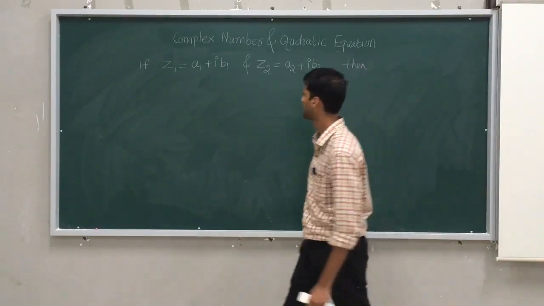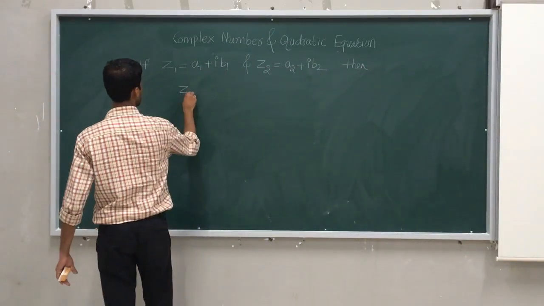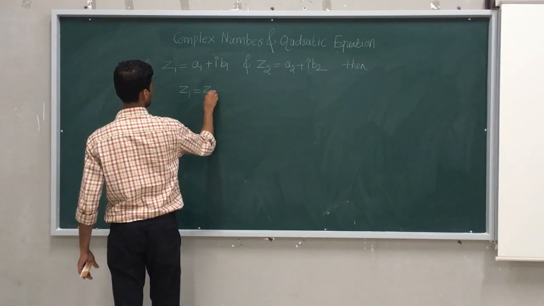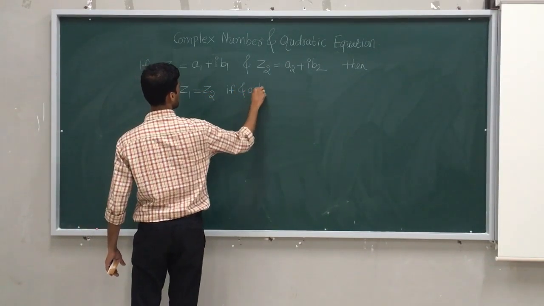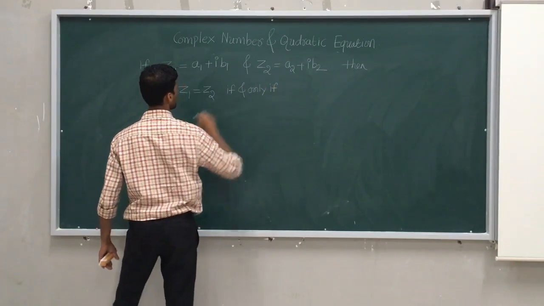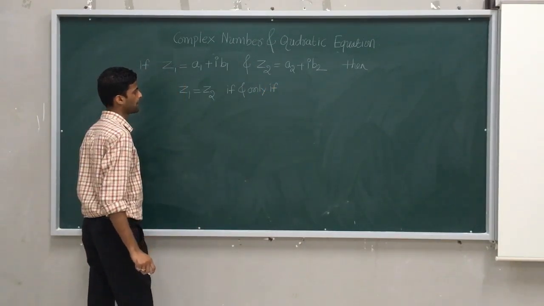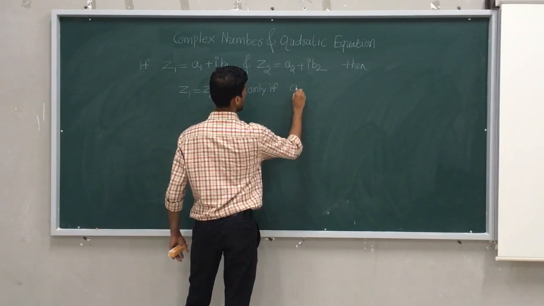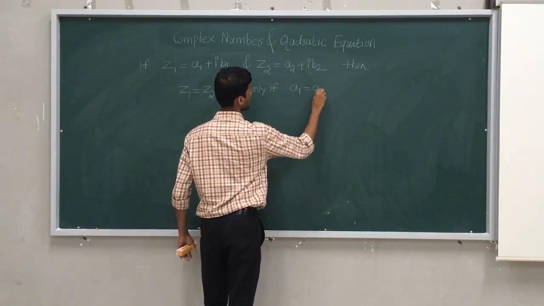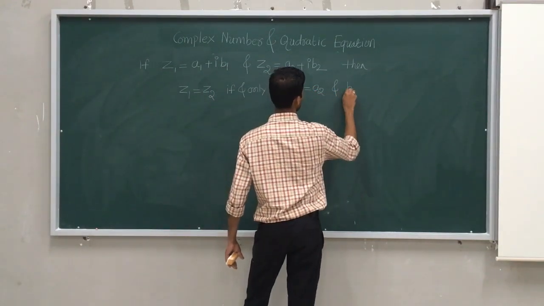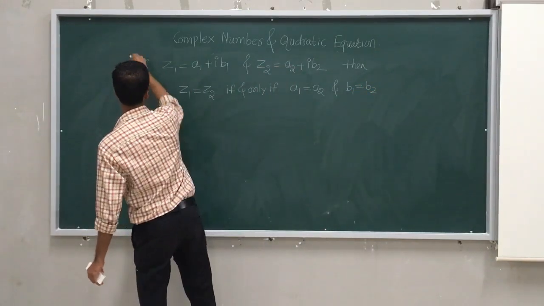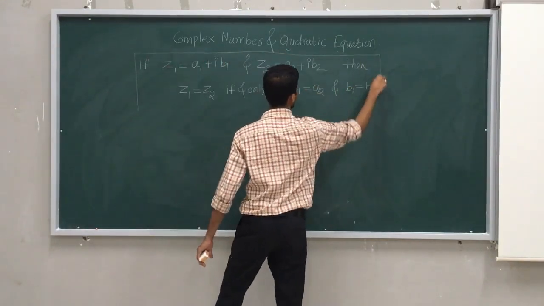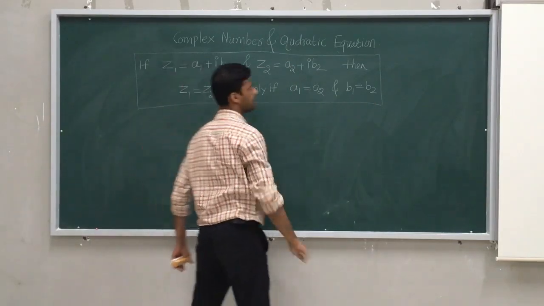Okay, then z1 equal to z2 if and only if a1 equal to a2 and b1 equal to b2. This is called the equality of two complex numbers.